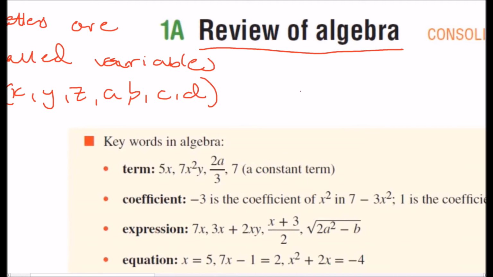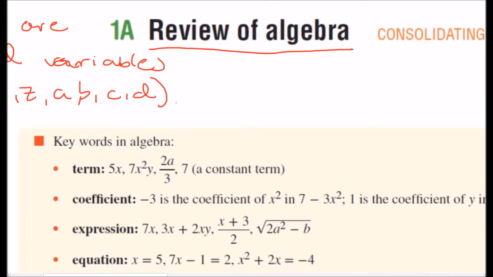Also, you'll come across terms such as 7x. When you see something like this, it means 7 times x. In between the number and the variable, there is a multiplication sign. Another example could be 5x, which means 5 times x.